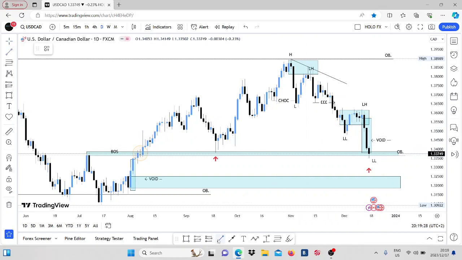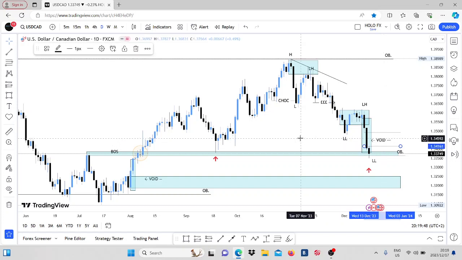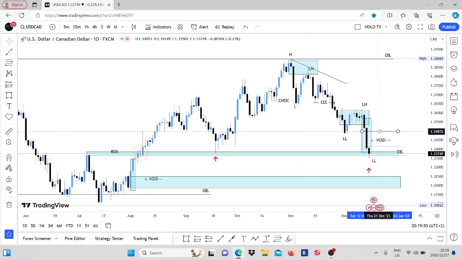Now within that void we have a fair value gap. We have a fair value gap within this area on a daily, right?